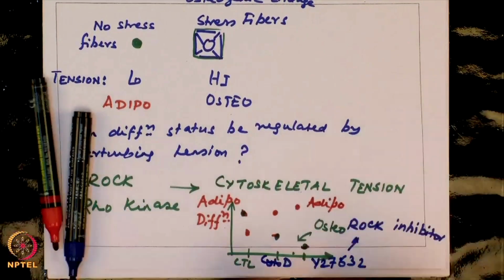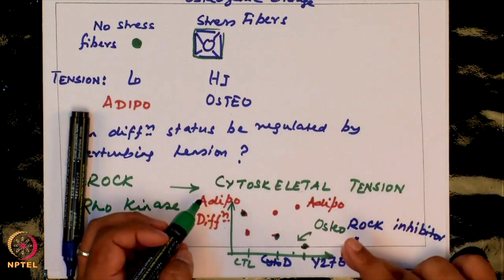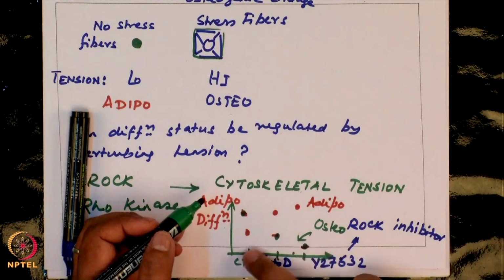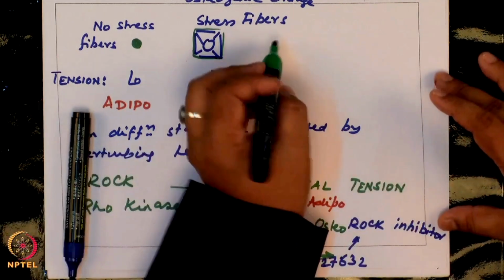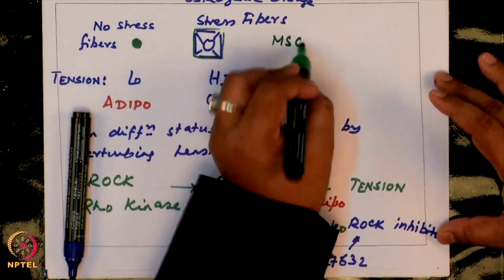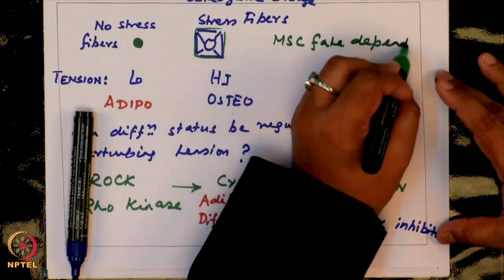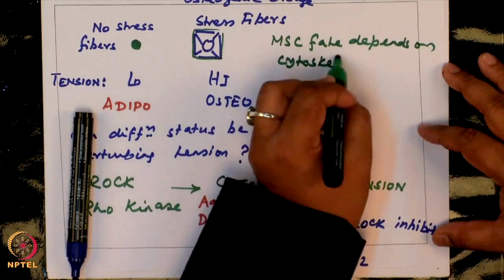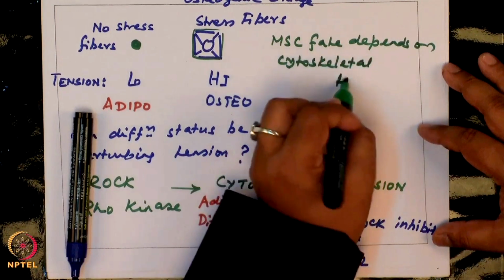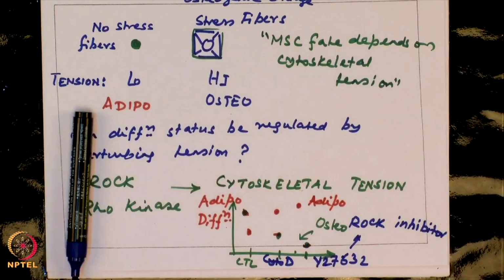If you lower the tension, your osteogenic differentiation drops. If you lower the tension, then your adipogenic differentiation increases. So, these results show that MSC fate depends on cytoskeletal tension. With that I stop here.